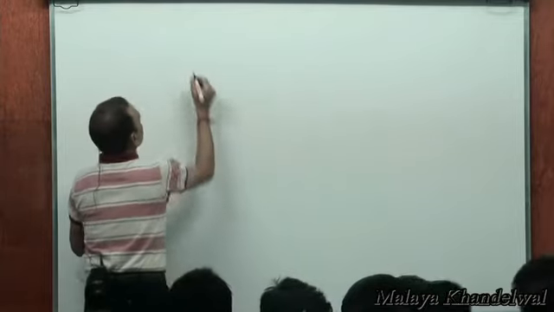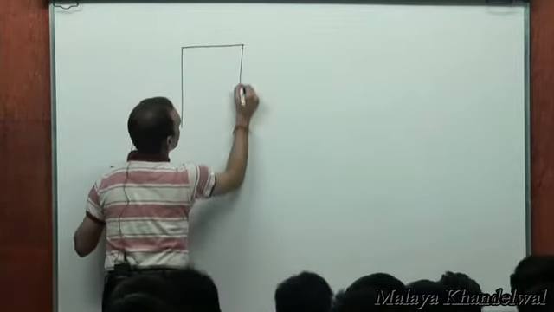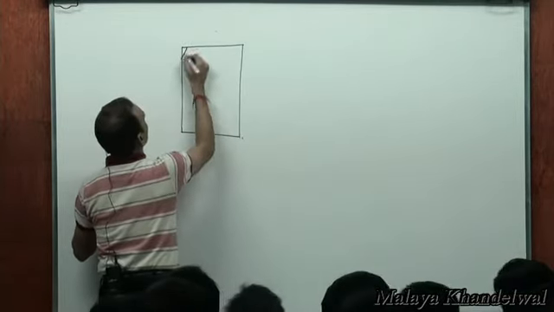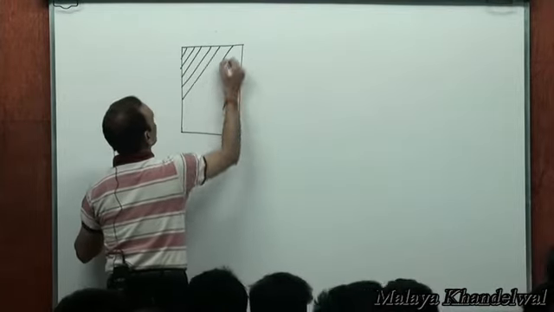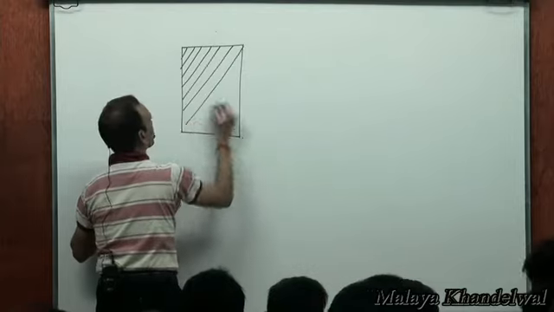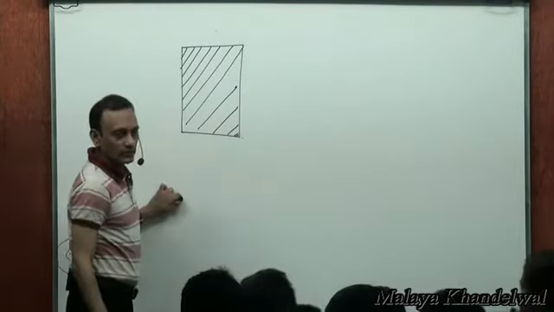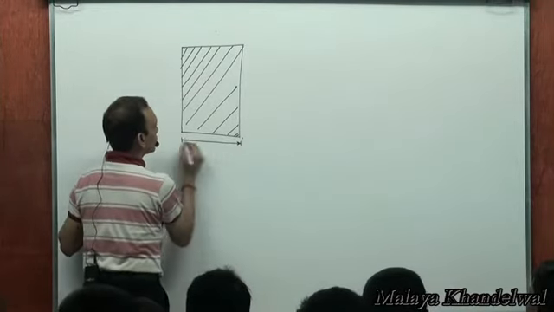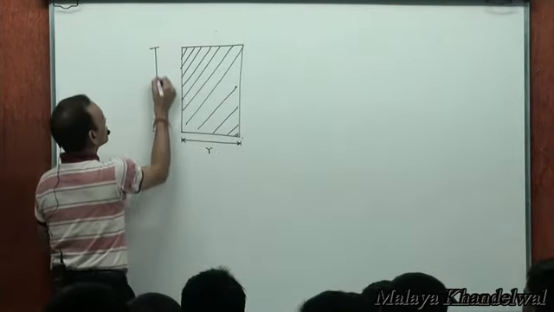Say I have a rectangular lamina of this kind. So this is a rectangular lamina of width r and of length 2r.